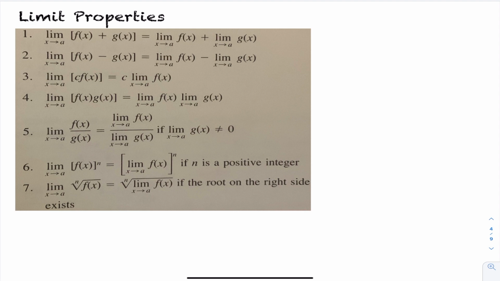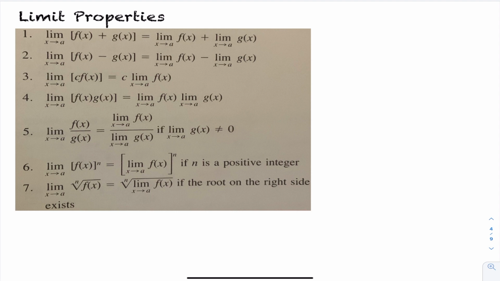What they're saying here is f and g are continuous functions, and with our examples currently, we should view these as polynomials or rational functions that are continuous. What it says here is that if you take the limit of the sum of 2 functions, in this case f and g, that's equivalent to taking the limit individually and then adding the results.